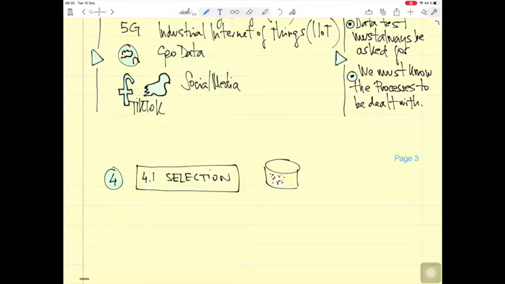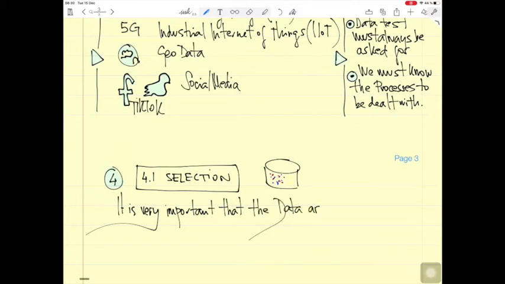It is very important that the data are trustworthy.